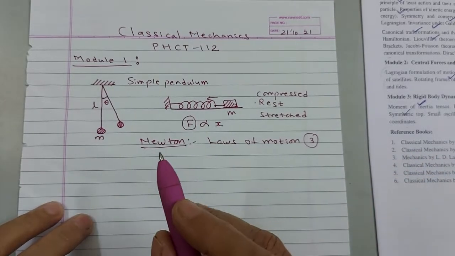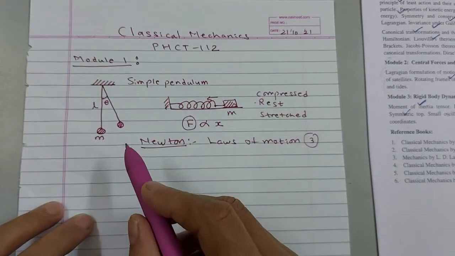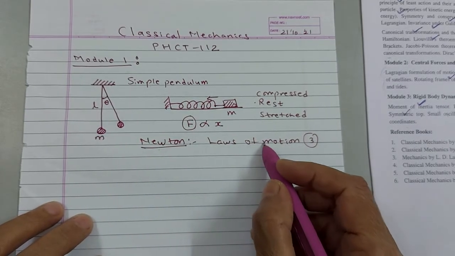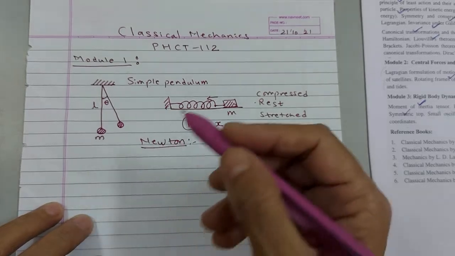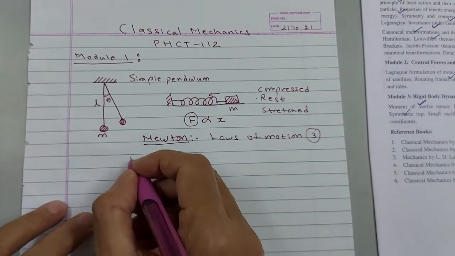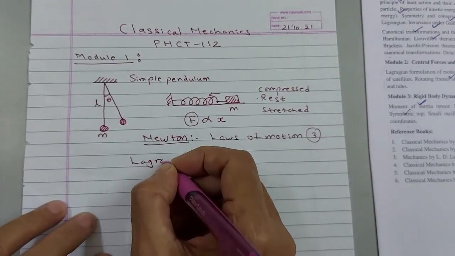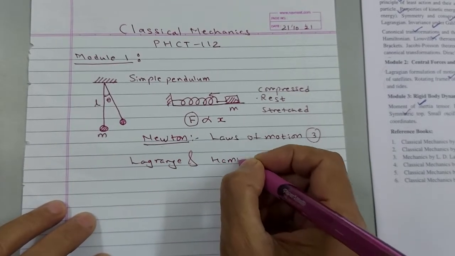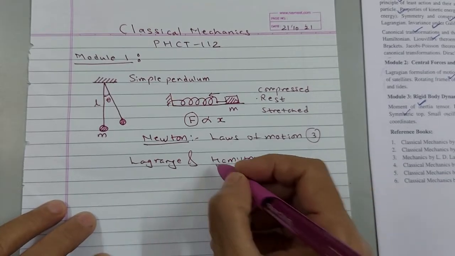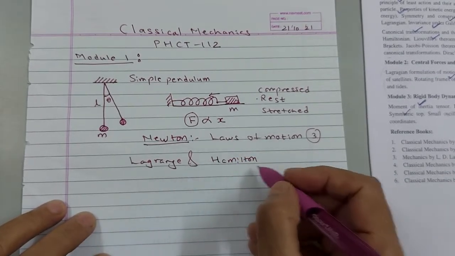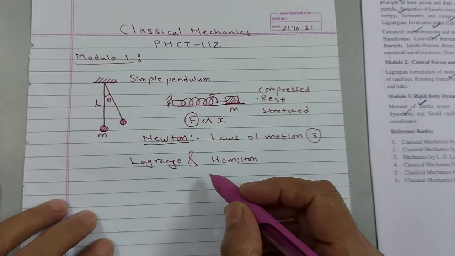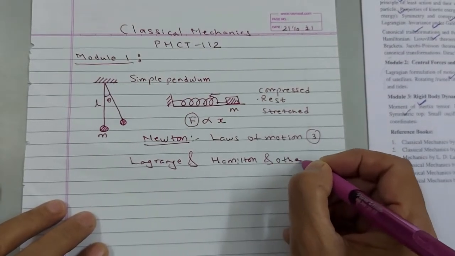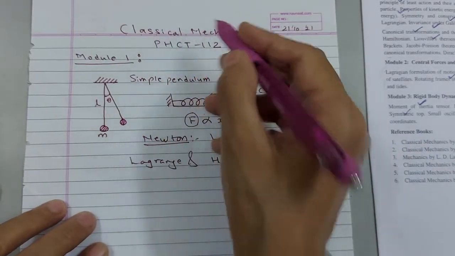So mechanics is basically based on Newton's laws of motion and alternatively developed by Lagrange and Hamilton. Even these two names you must have heard in TYBSc. Lagrange and Hamilton and a few others, this is basically called classical mechanics.